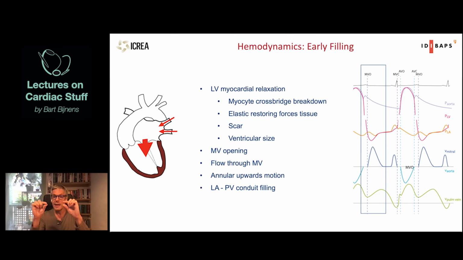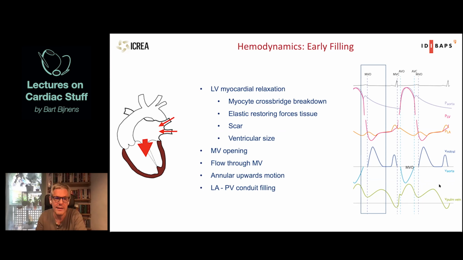So this longitudinal function helps in having a more efficient displacement of blood from one chamber to the other without the need of a lot of acceleration, which by Newton's law needs energy.